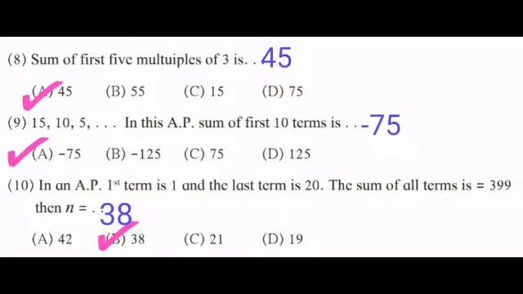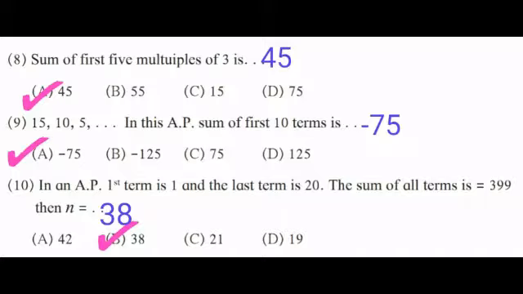Sum of first 5 multiples of 3 is, answer is A, 45. Then 9th, 15, 10, 5. In this AP, sum of the first 10 terms is, answer is A, -75.